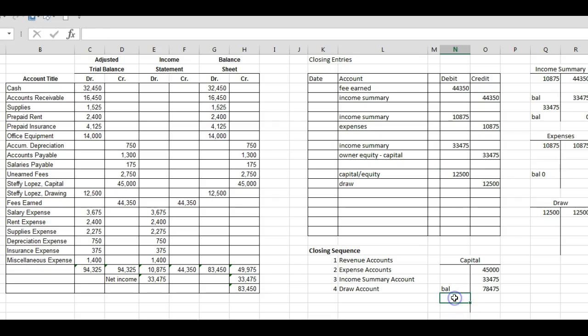Now when I do that, what becomes my balance? Let's see if we get close to that number we need. It's supposed to be $65,975. Now all of my accounts are closed out, and once we make these entries into the general ledger, my balance sheet will be correct, which is what we're going to do with the next one, the post-closing trial balance.